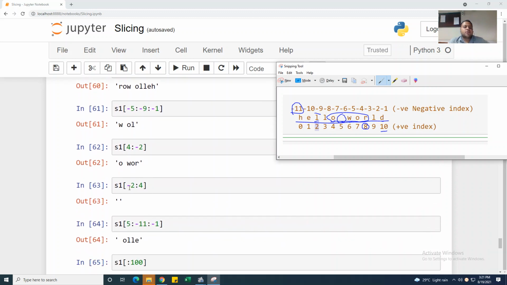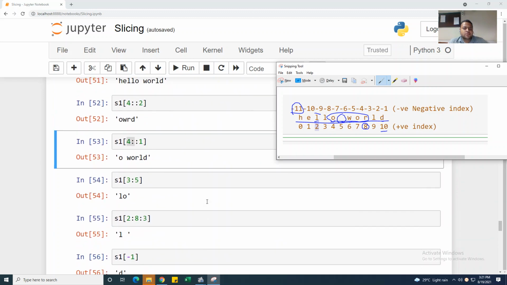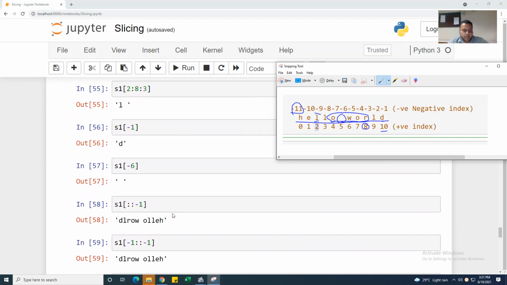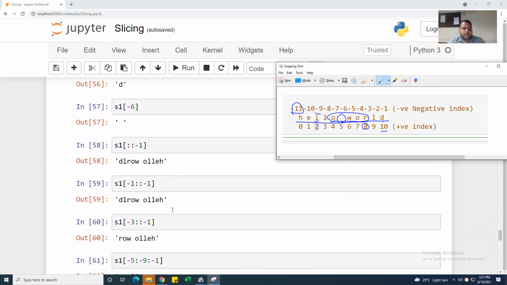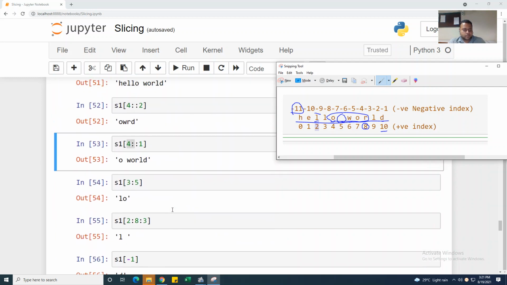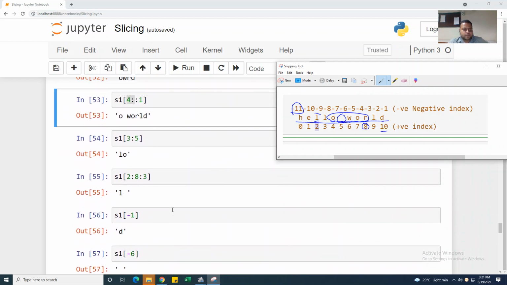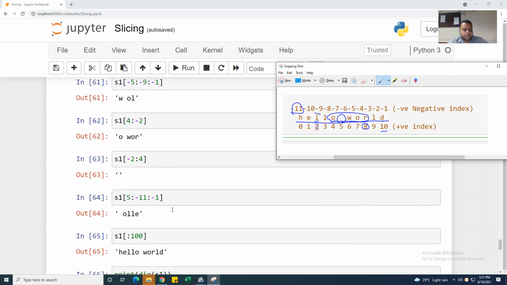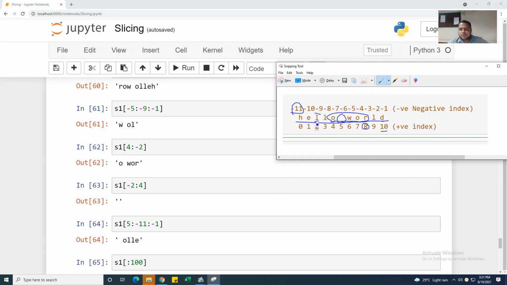I'm taking s1 of minus 2 and 4. So my minus 2 is a starting point and ending point is 4. It will give me only the space.